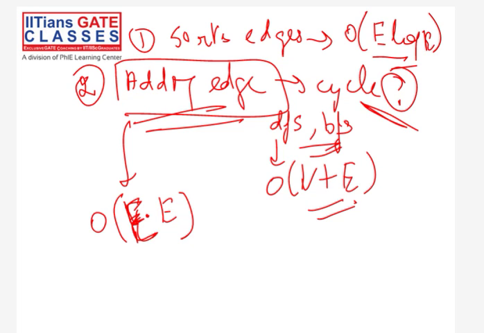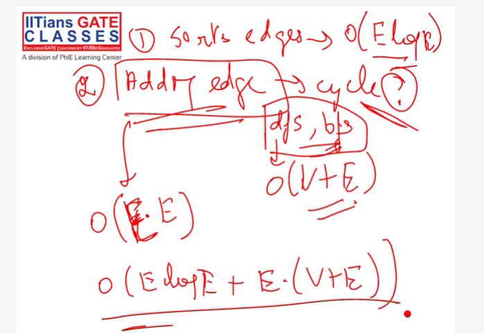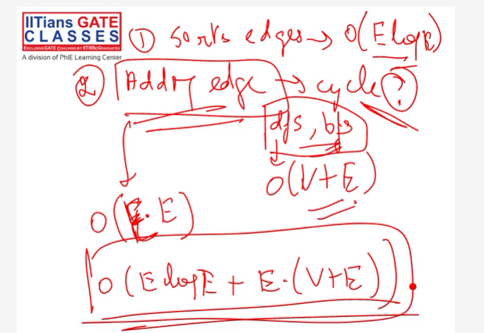So if you use BFS or DFS to find the cycle, the time complexity becomes E log E plus E into (V plus E). This is the time complexity for Kruskal's algorithm if you're using BFS or DFS to find the cycle. Is this time complexity clear to all of you? Yes or no? Because you're doing that for every edge, right?